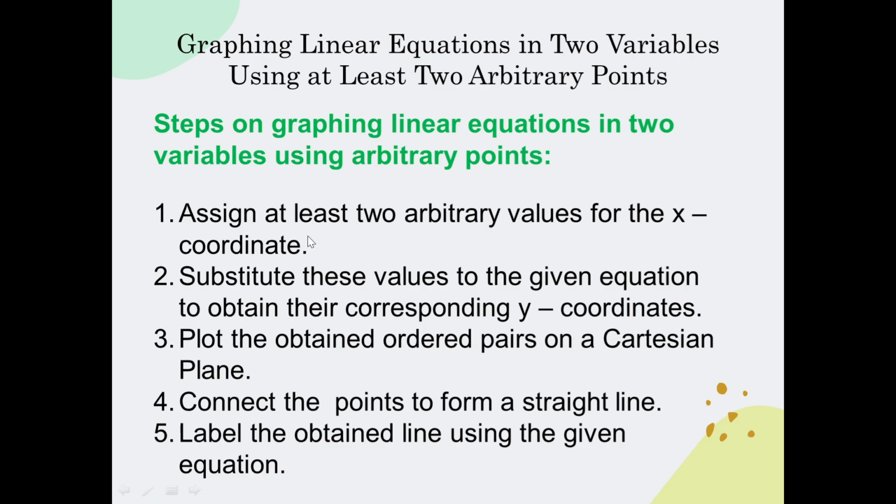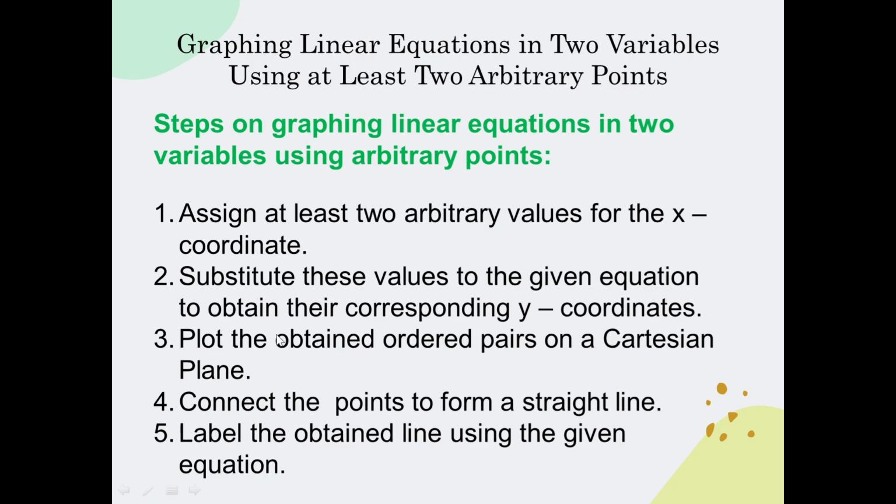And next, using a point and the slope of the line. If may point and also the slope, mas madali. Next, we have using the x and y intercept. So, tatlo po ito siya. But then, we are going to use first the at least 2 arbitrary points.